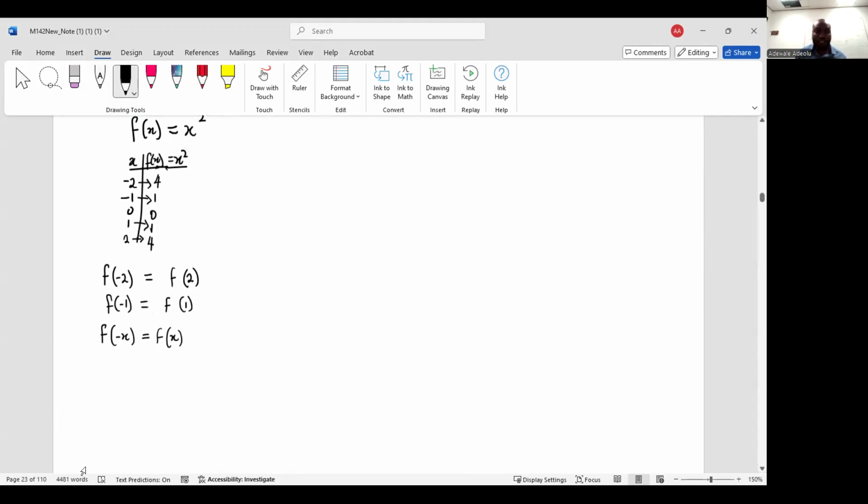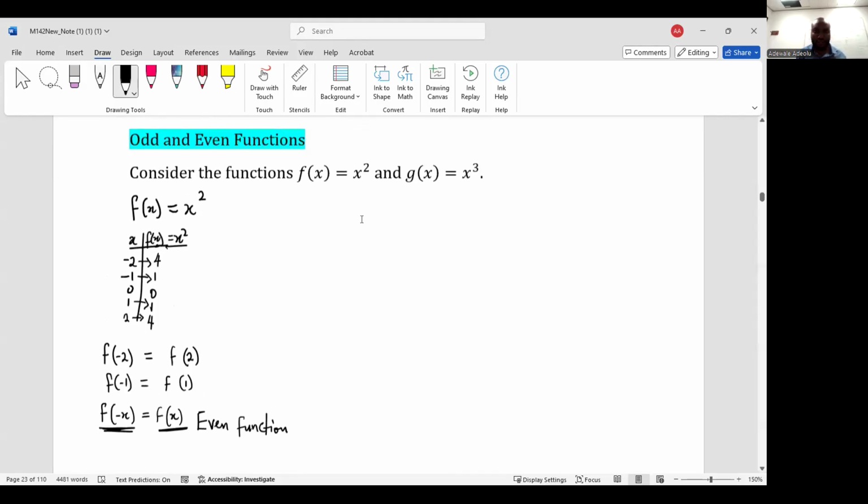When our function behaves this way, we say it is an even function. That is, the function evaluated at the negative input gives the same output as when the function is evaluated at the positive input.